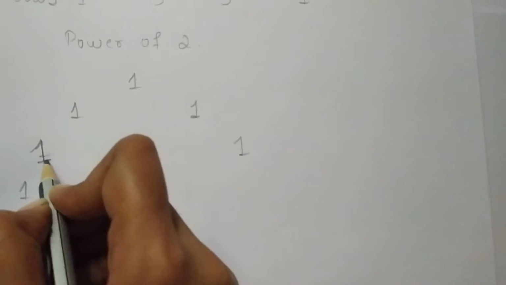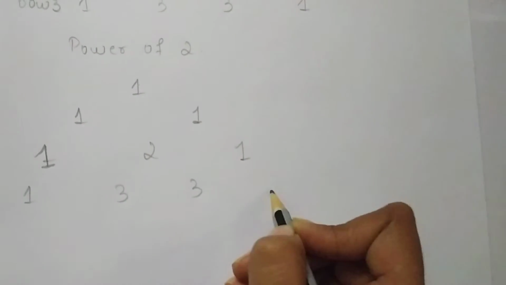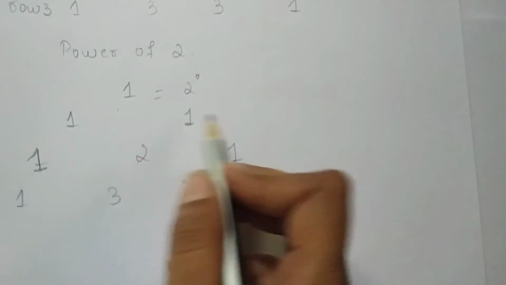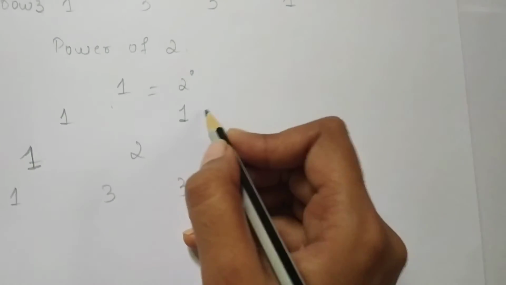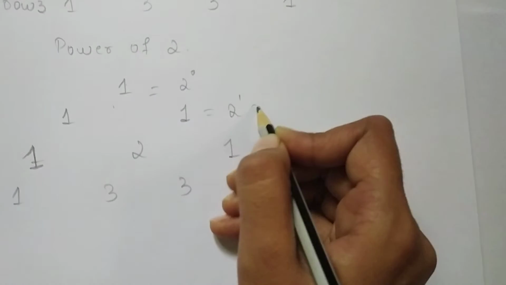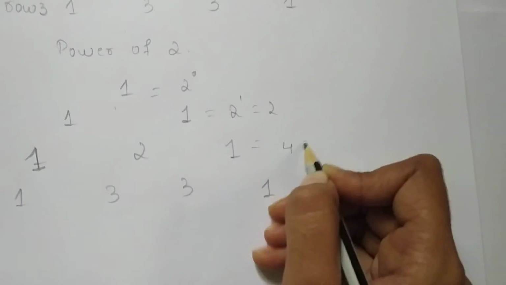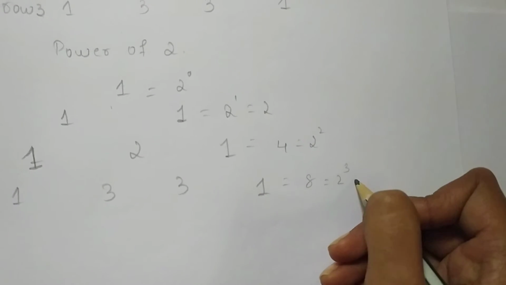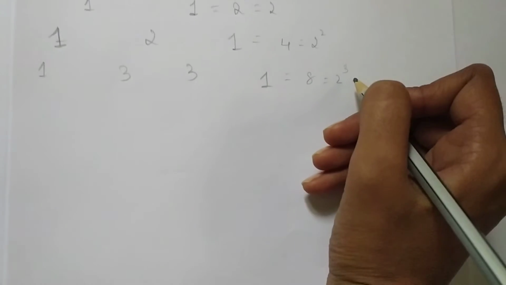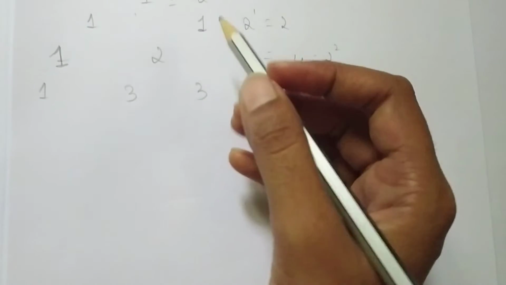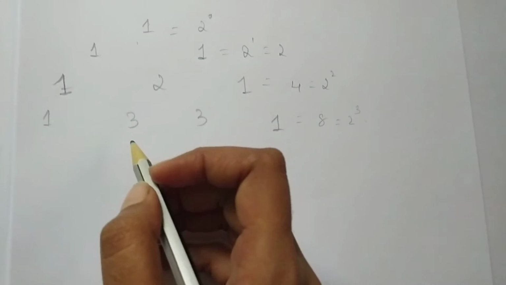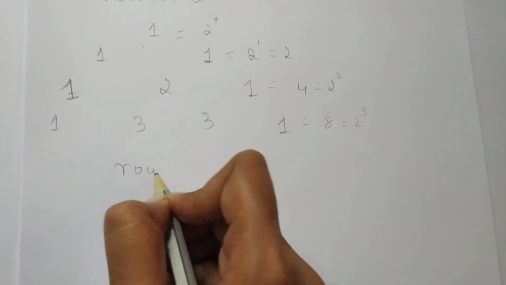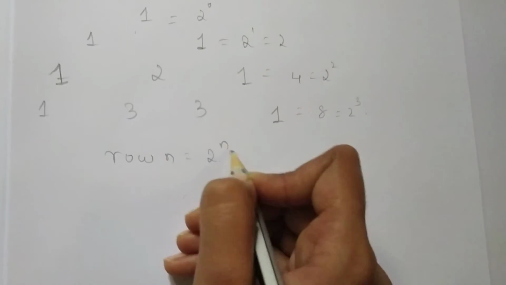This is 1, which is 2 to the power of 0. Just add each row, and we get the powers of 2. This is 2, and 4 which is 2 to the power of 2, and 8 which is 2 to the power of 3. If we continue like this, the powers of 2 are revealed in the Pascal triangle. For row n, we get 2 to the power of n.